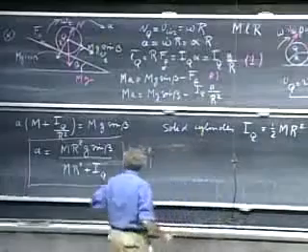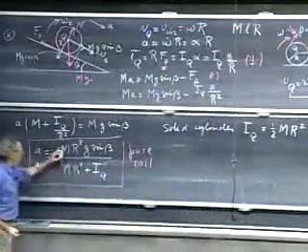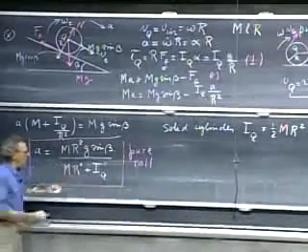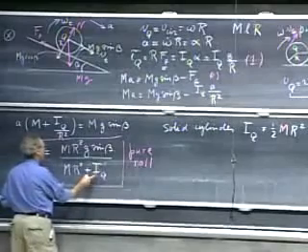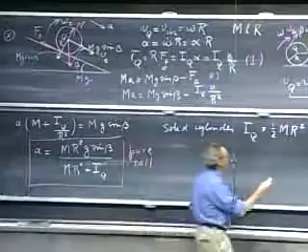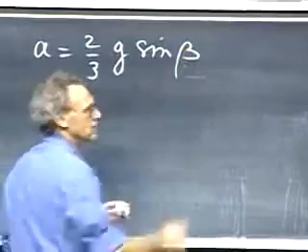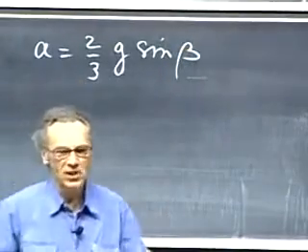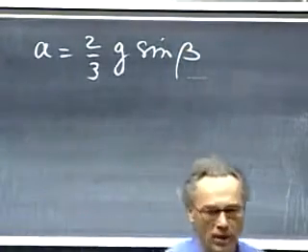And if I substitute that in here, notice that all my mR squares go away. I get 1 plus 1/2, which is 1.5, upside down becomes 2/3. So A equals 2/3 times g times the sine of beta. There is no M, there is no L, and there is no R.